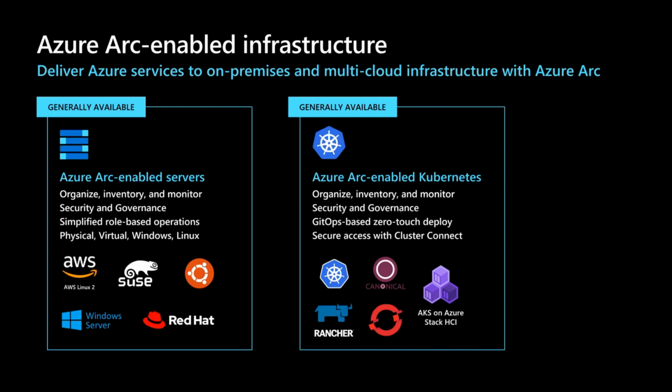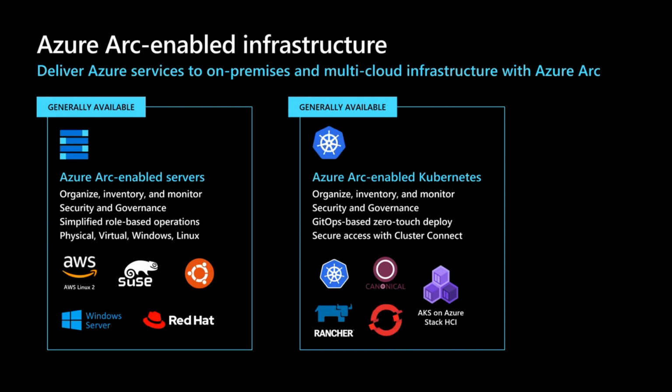So the ability to organize, inventory, and monitor not one, but maybe hundreds, maybe thousands of different clusters across a multitude of different environments, and be able to apply security governance principles to those, or for mass deployment and standardization scenarios, like how you use GitOps-based methodologies to deploy to all those environments without needing to log in and deploy each single one.